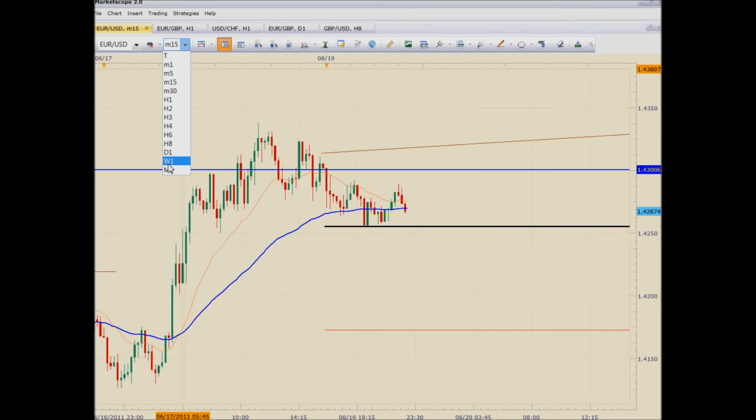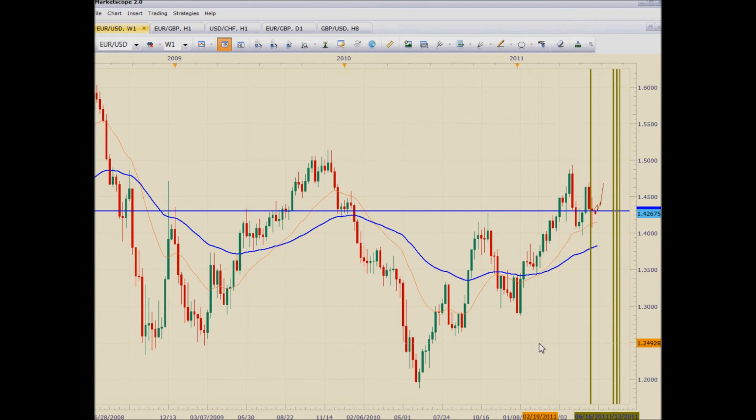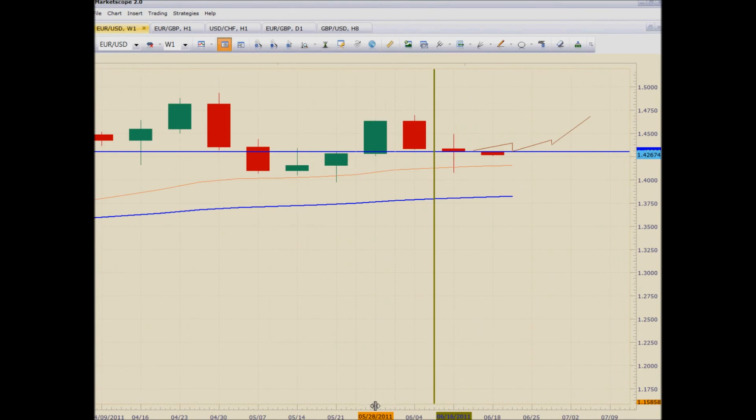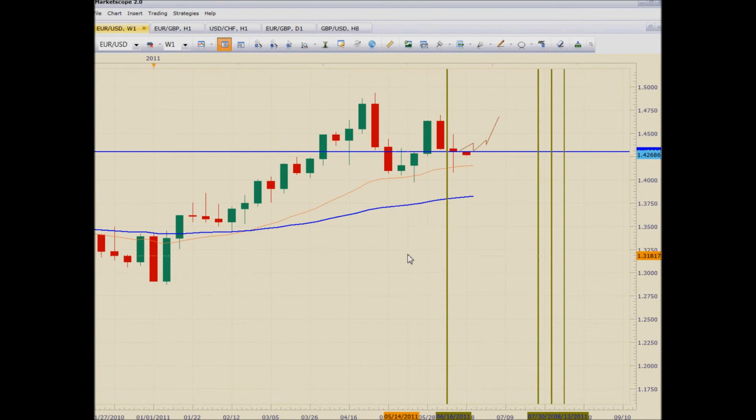I'm looking to see what's gonna happen this week. Now, this week's candle is this candle right here. This one is last week's candle that we're looking at right here. Now, this candle here is telling me a lot of things.